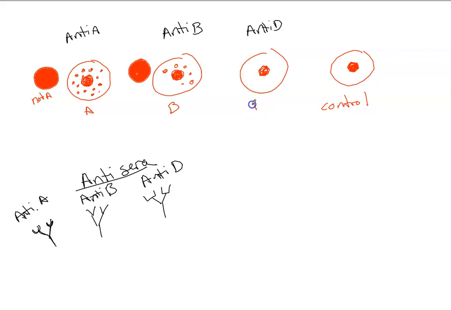And if you likewise put anti-D antibodies onto a blood sample that did have the D-type surface antigen, it would agglutinate. And if you put the anti-D antibody onto blood that does not possess the D-type surface antigen, it would not agglutinate.